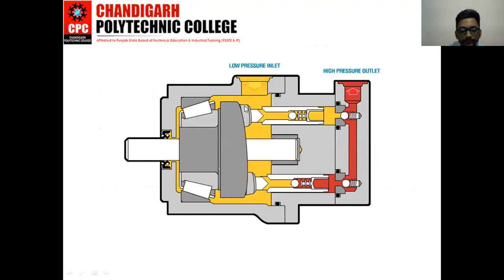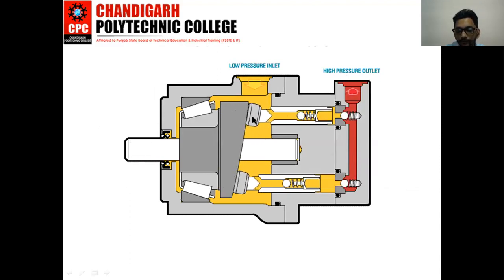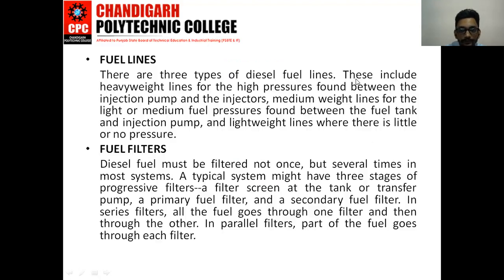Fuel enters from there at low pressure, and after that the plunger pressurizes the fuel, giving high pressure outlet fuel. This is the rotation of the shaft, and the fuel is pressurized and passes out through the high pressure outlet valve.